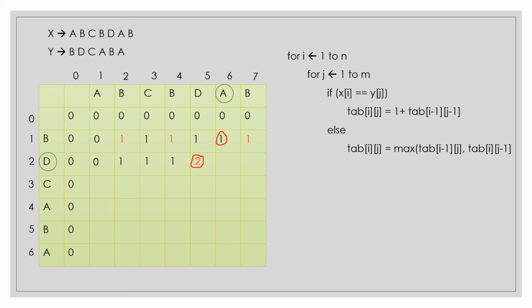So we get 2 as the maximum one, so we append it here. Now again we see D and B are different, taking the maximum of these two. We get 2 as the maximum one and append it here.